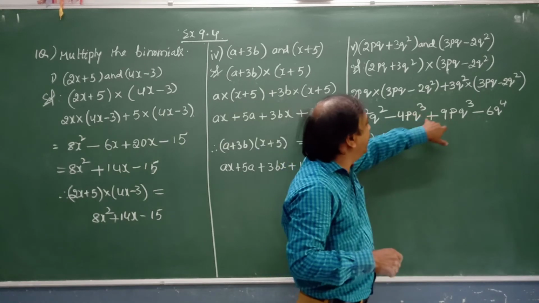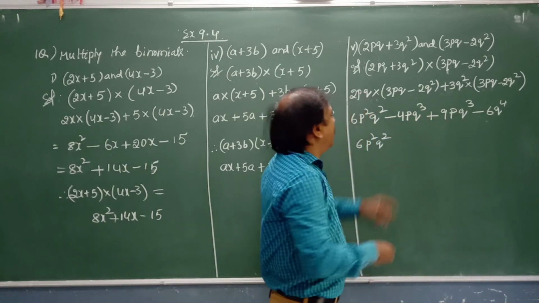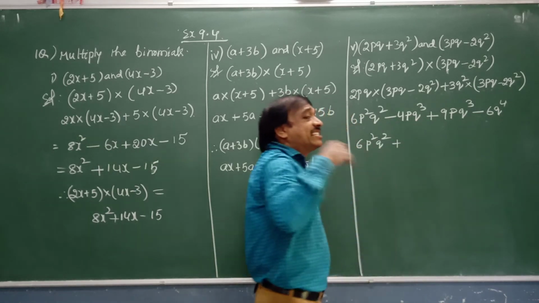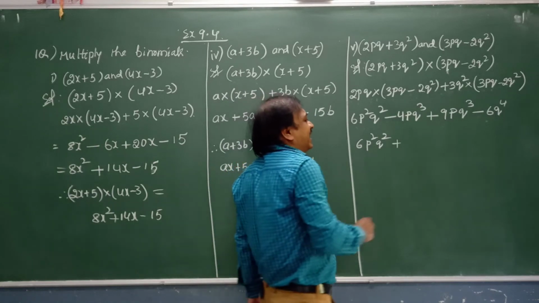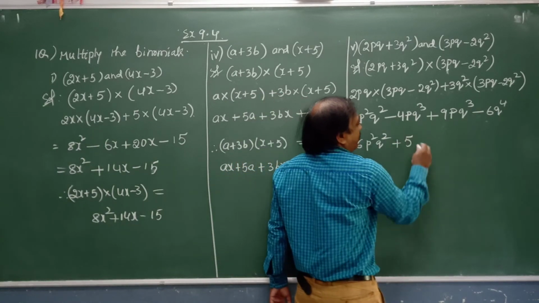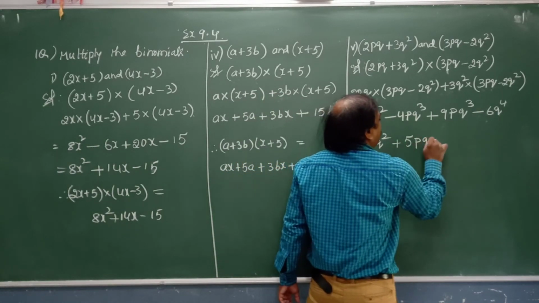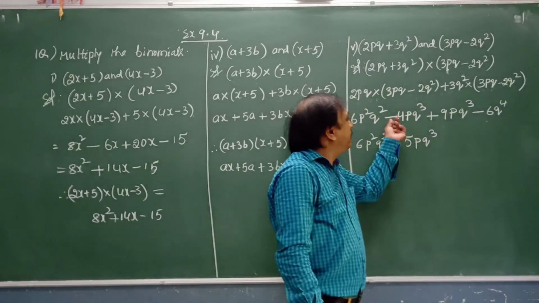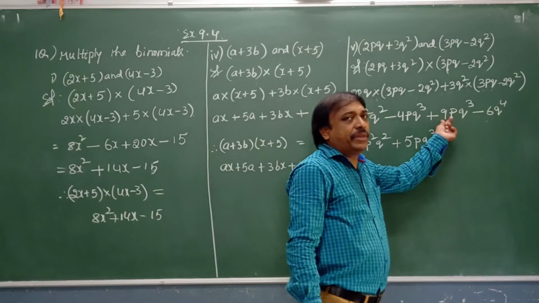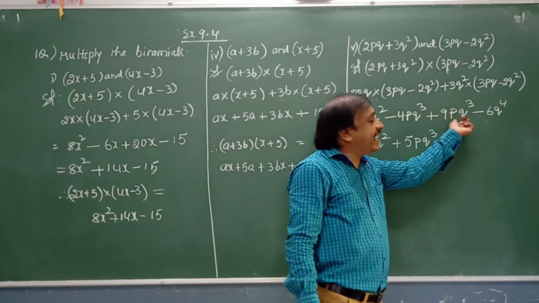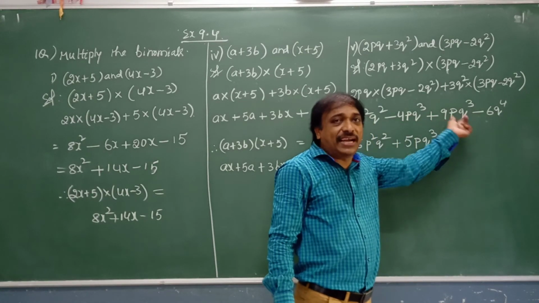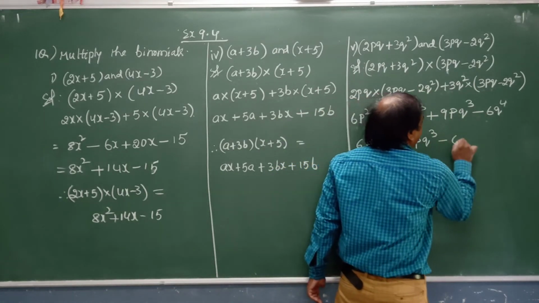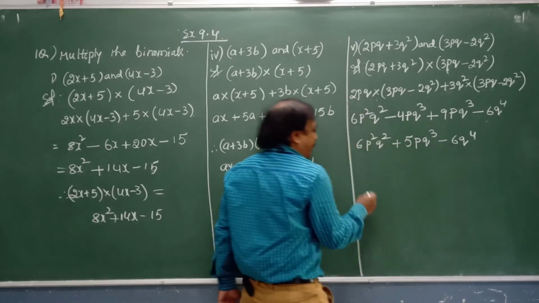Here one p, q power 3, q power 3. Minus 4 plus 9 will give you how much? Integer operation again. Subtract and keep bigger number sign. 5pq power 3. Here subtracting the numerical coefficients, minus 4 plus 9, because the variables are same. So plus 5pq power 3 minus 6q to the power 4.